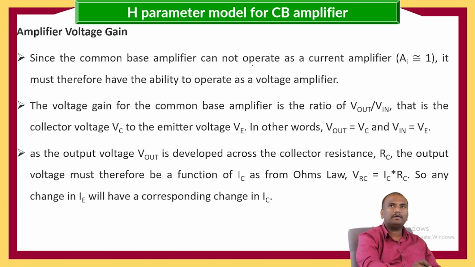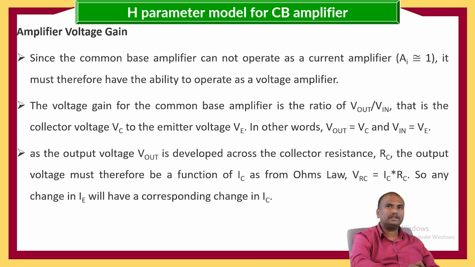Since the common base amplifier cannot operate as a current amplifier, it must therefore have the ability to operate as a voltage amplifier. The voltage gain for the common base amplifier is the ratio of V output to V input, that is the collector voltage to the emitter voltage. In other words, V output is equal to VC and V input is equal to VE.